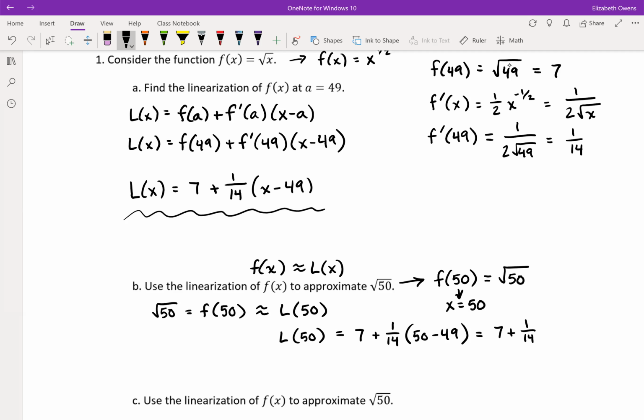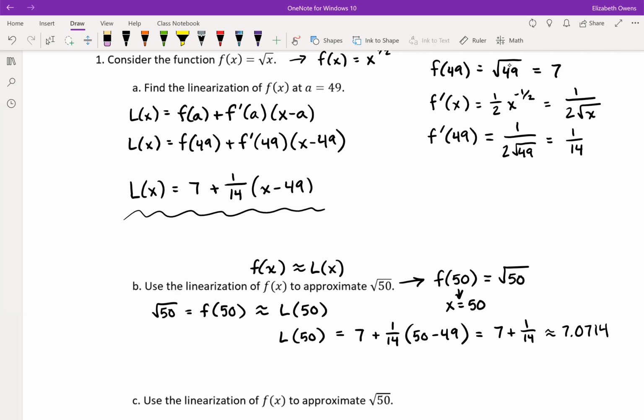Okay, 7 and 1/14 there, or if you put that in a calculator, that would be about 7.0714-ish. All right. So that's what we come up with from the linearization. We could do up to here by hand, which is kind of nice. 7 and 1/14, that would be the exact answer there for the linearization value.